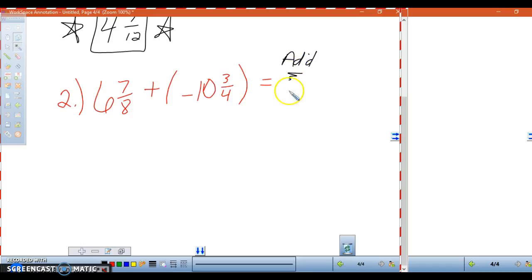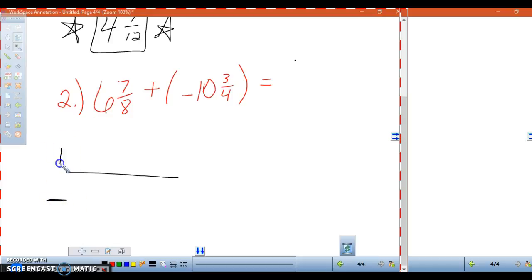Okay? We're still doing positives and negatives here. So, we're adding, same or different? Different, so we subtract. And the biggest number wins the sign. So our answer in the end is going to be what? Positive or negative? Good. Okay, so you know what I'm going to do?